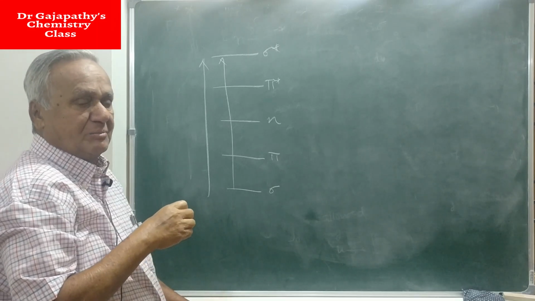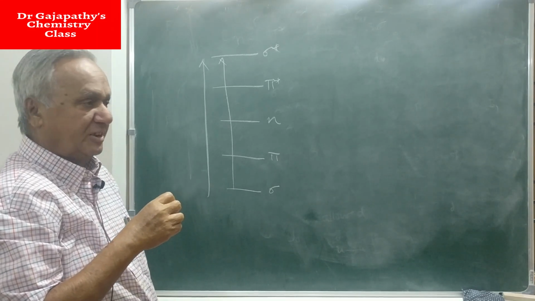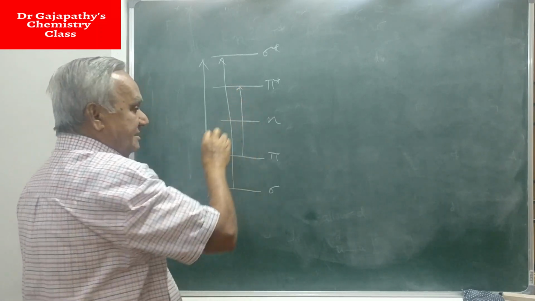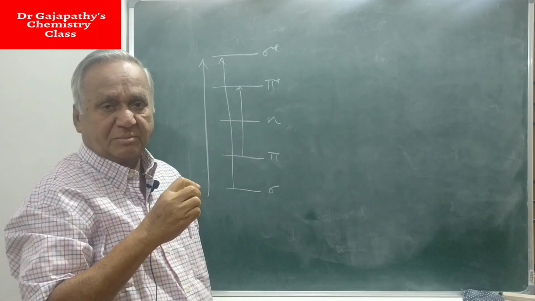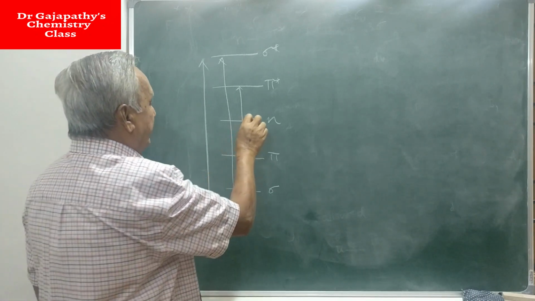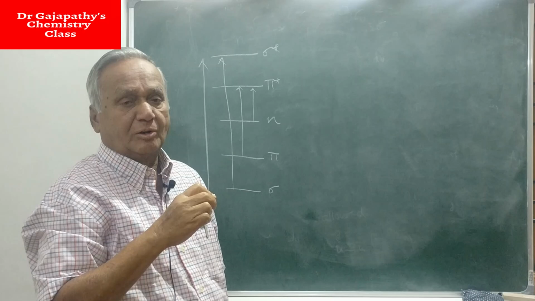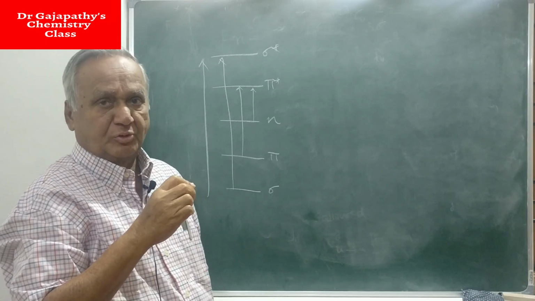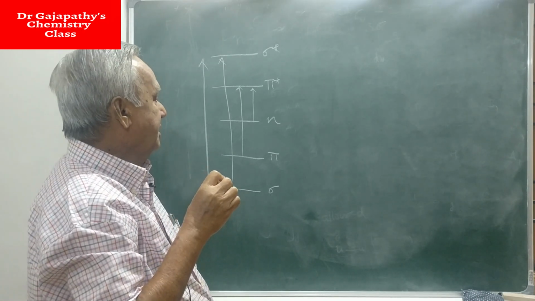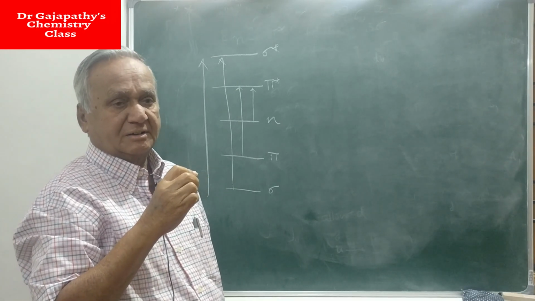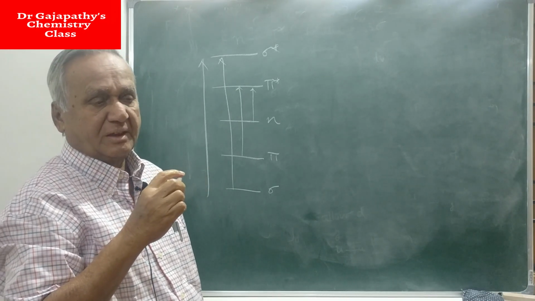It is possible in all the molecules where a sigma bond is present. Pi to pi star transition can take place where pi electrons are available, and n to pi star transition can take place where non-bonding electrons or lone pair of electrons are present in a chromophore. These are the three possible transitions that can take place in electronic spectroscopy.